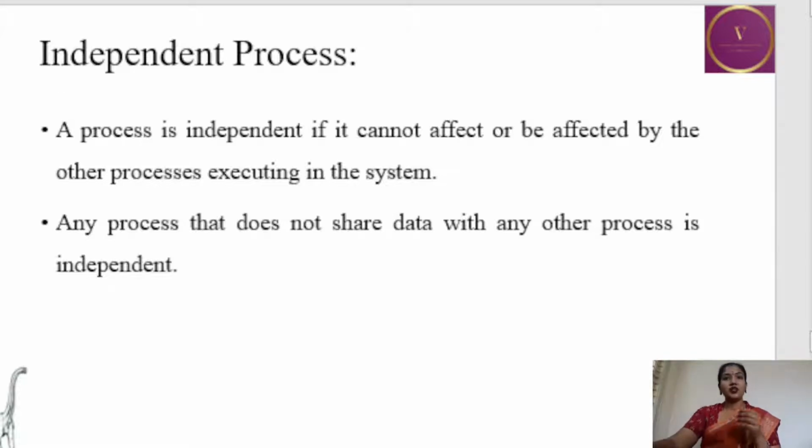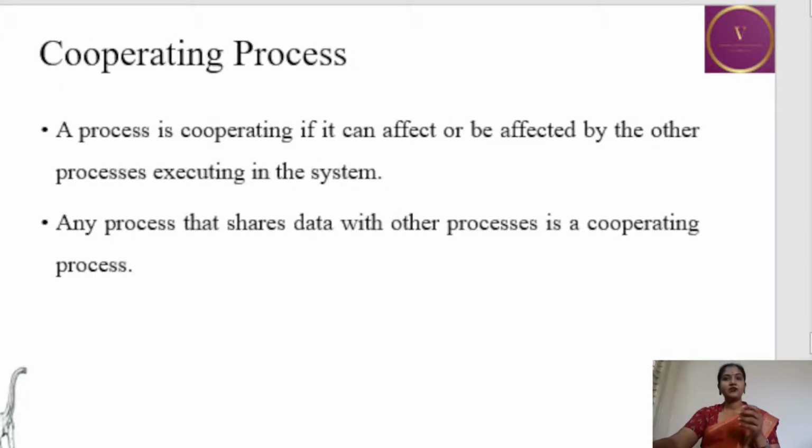So what is a cooperating process? A process is called a cooperating process if it can affect or be affected by other processes executing in the system. That is, any process that shares data with other processes is a cooperating process. It will require data from the other process, and it has to share data with the other process.